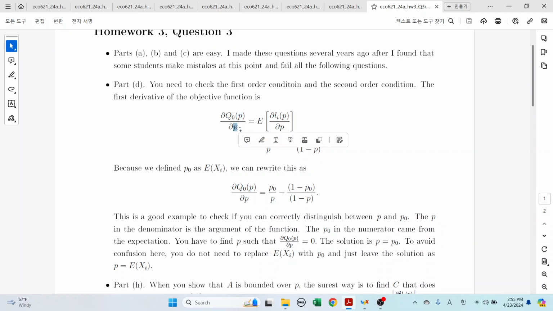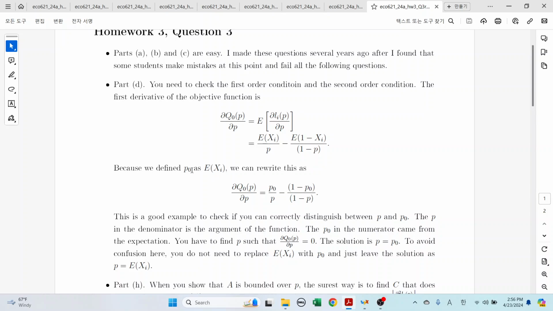So you have to differentiate with respect to the argument. And this is P because we evaluate that at P. If you used a different notation like P0 here, this should be P0 here. But I leave it as P because it is just another function, the first derivative function, so its argument is P again.